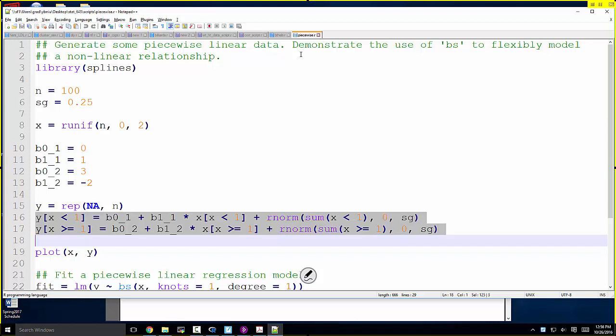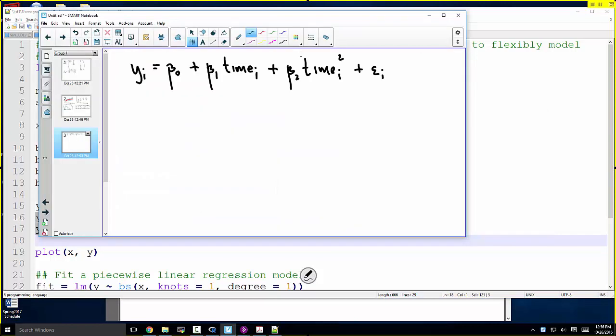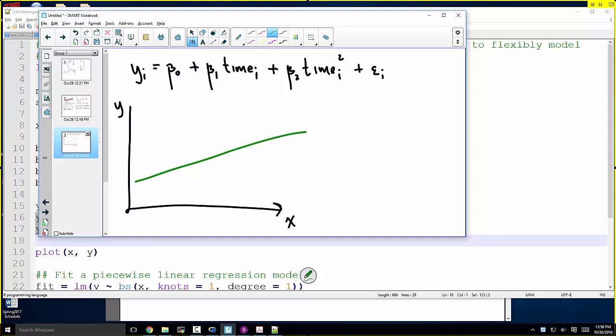We are going to allow for there to be a relationship like this. So x and y. Instead of saying there's a linear relationship on average between x and y, I'm going to say there's a piecewise linear relationship.